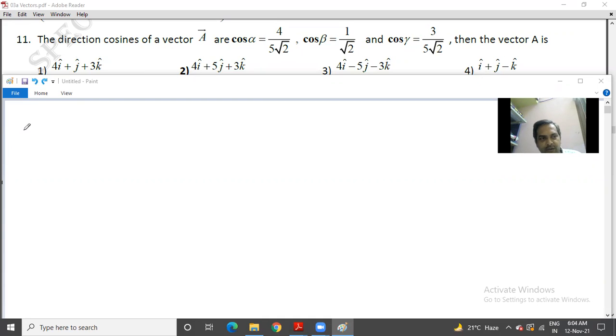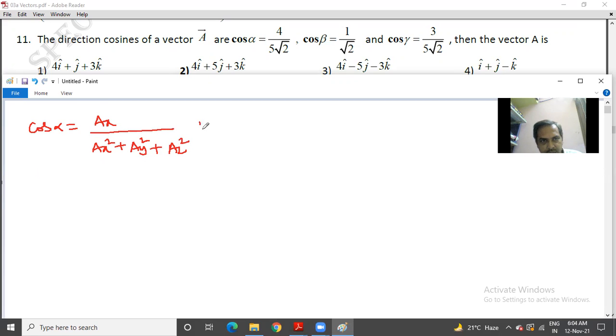So first let me write what we have written in the previous class. Cos alpha is equal to ax by root of ax square, ay square and az square. Similarly, cos beta is equal to ay by root of ax square, ay square and az square.